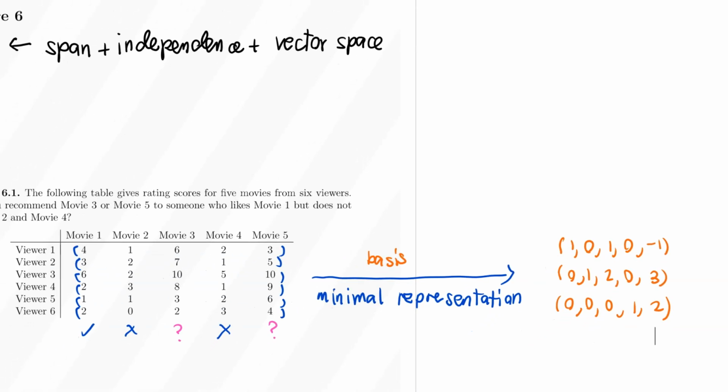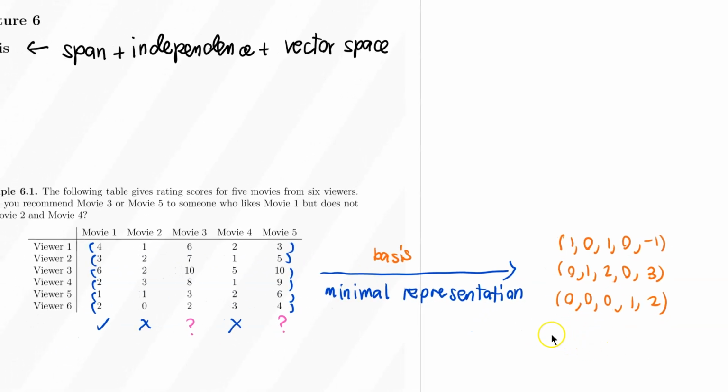Now, I need to find the preference of someone who liked movie 1, but doesn't like movie 2 and movie 4. So what I can do is try to find a linear combination of these 3 orange vectors so that the result has a high score for movie 1 and a low score for movie 2 and movie 4. So let me just say 0 for movie 2 and 0 for movie 4.